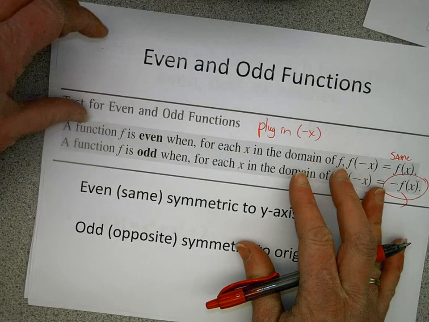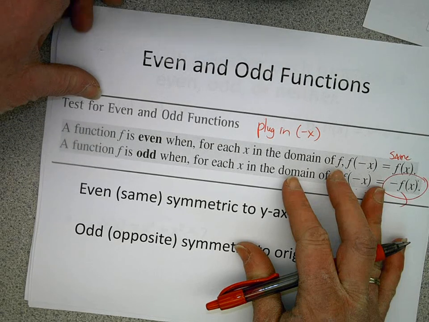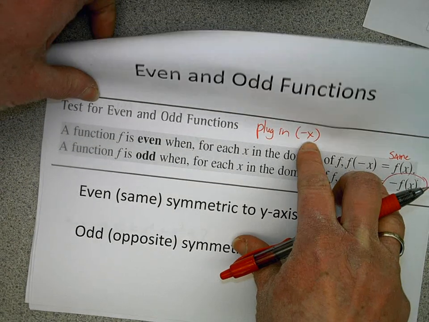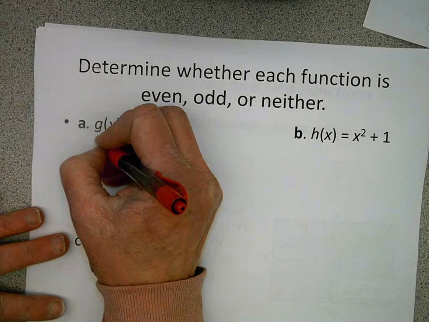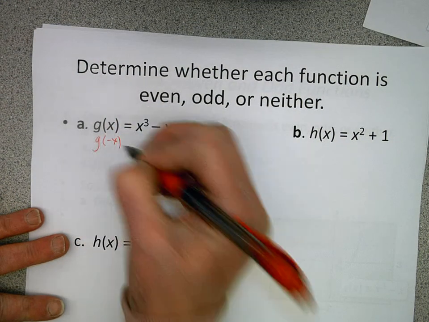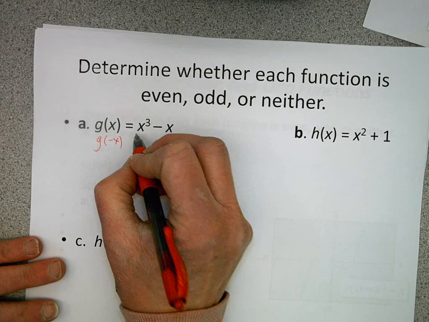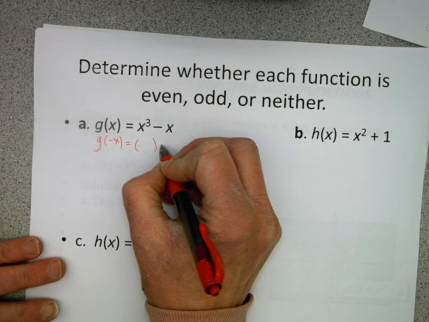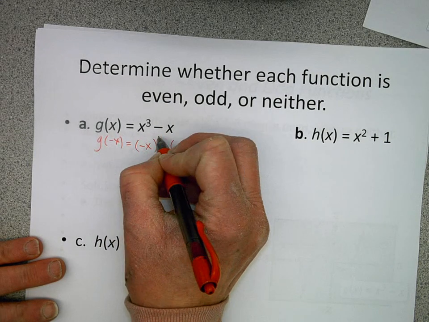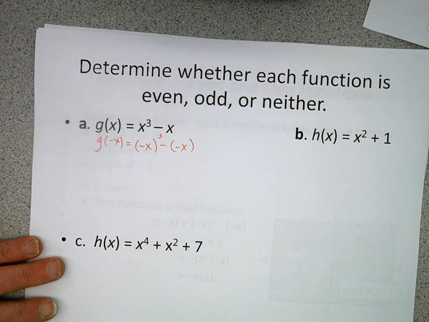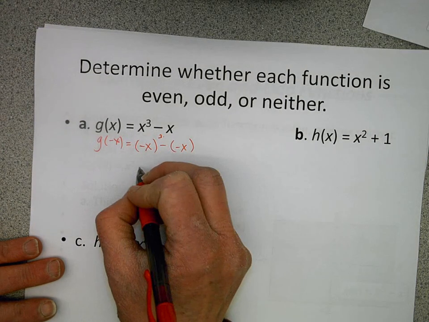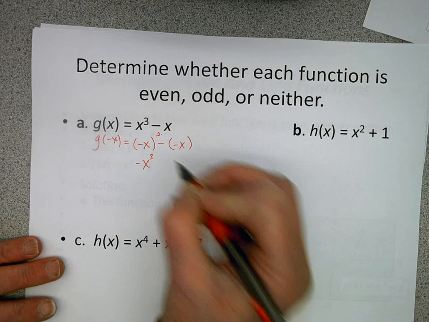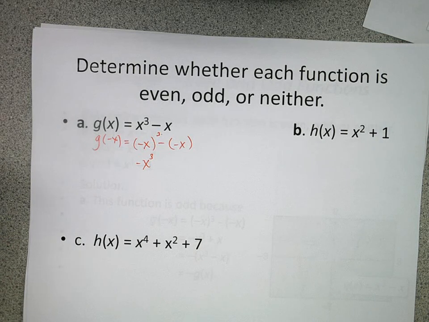Okay, so let's try the last A through F. Again, you're going to be plugging in -x. So all you do is you find g of -x, whatever the letter is. So everywhere there was an x, you're going to put, whoops, I forgot the cube. You're going to plug in -x. Okay? (-x) cubed is -x cubed, because a negative number times itself 3 times is negative.